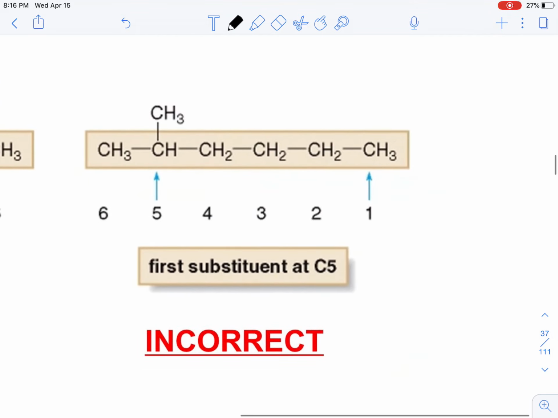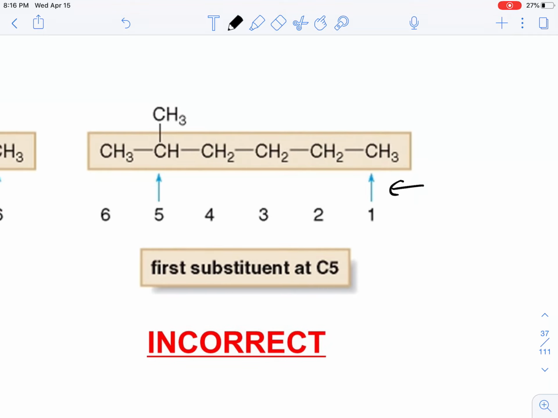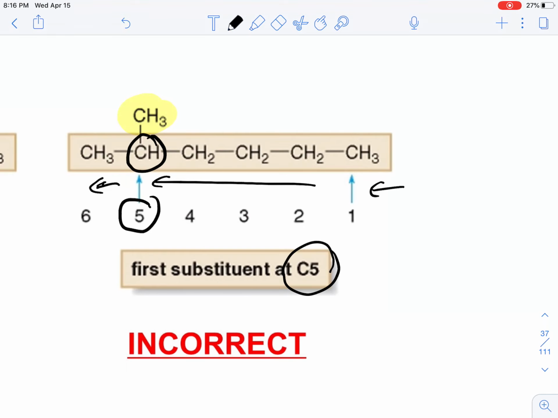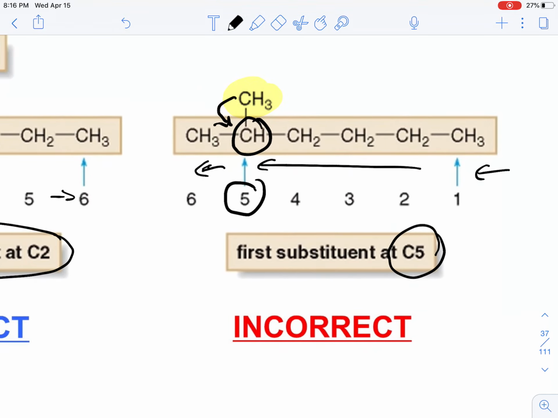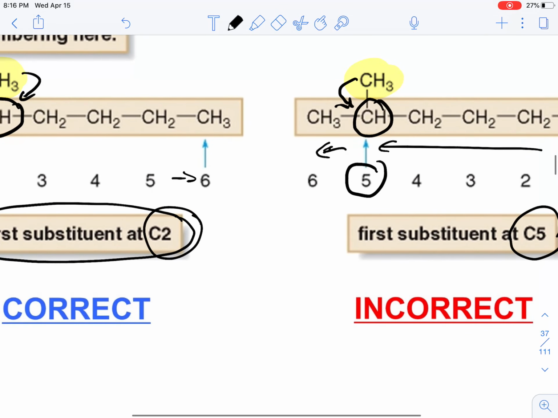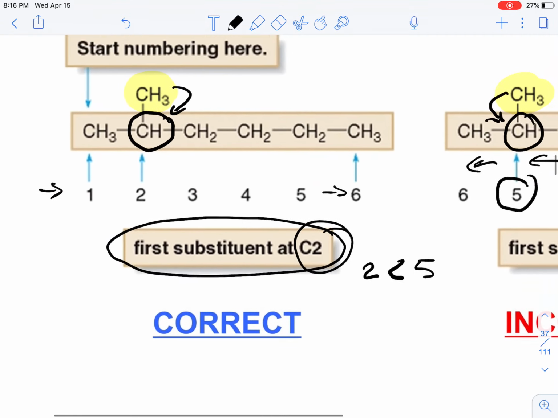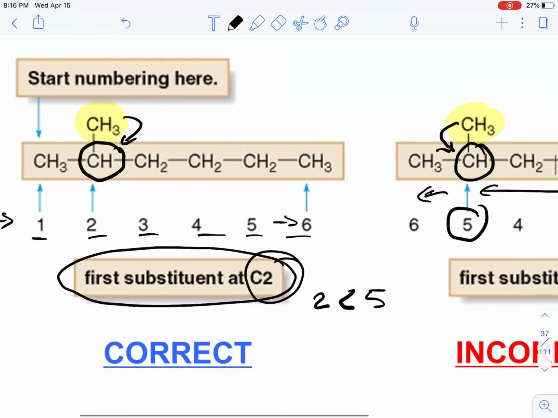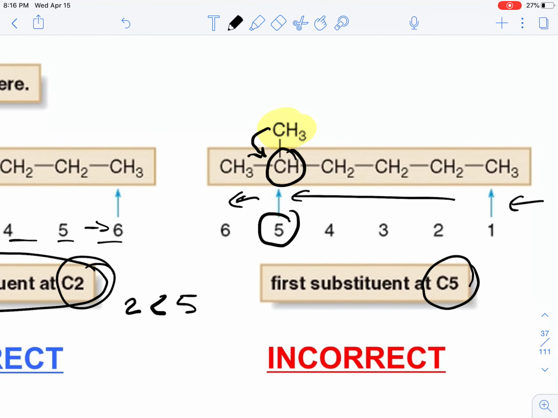If you number it from right to left in this example, notice that our substituent is going to be on carbon 5. Once again, it's still the same substituent. And so since 2 is less than 5, that tells me that this is the correct numbering of my carbons, and this is the incorrect way of numbering my carbons.